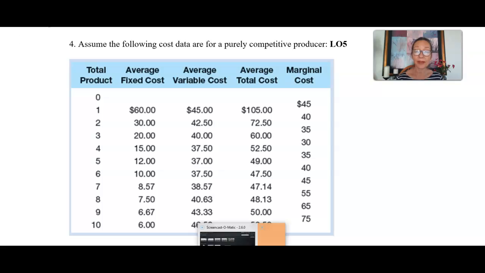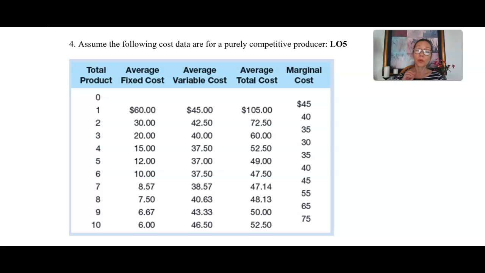Okay, so you have an assignment in your textbook or in your homework that has to do with using data from a purely competitive producer, and you are asked to figure out whether or not this firm should be producing.